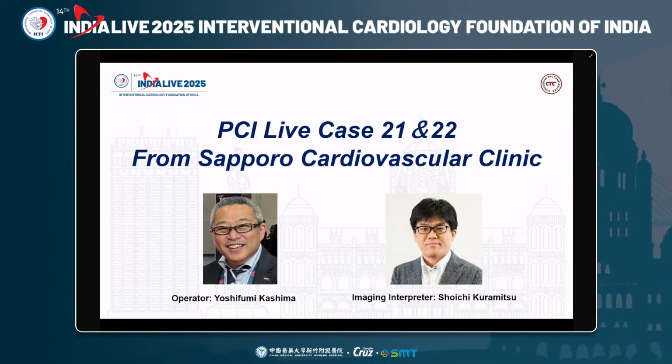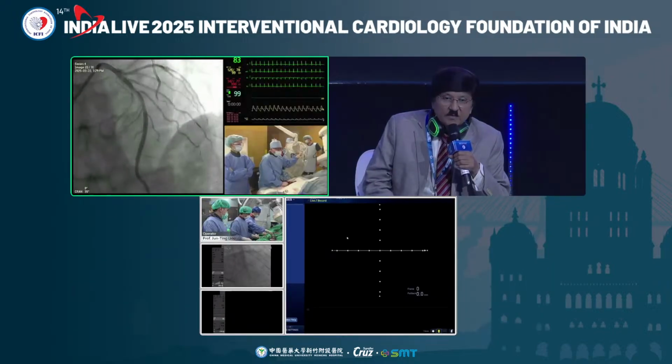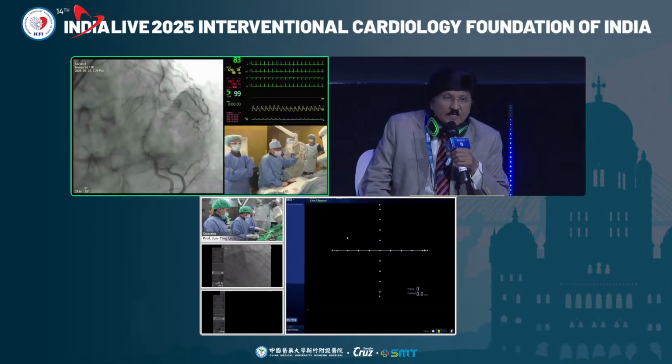My procedure time is less than 30 minutes, so we have to prepare. A simple case, but of course, hard calcification. You can see today's angiogram. The angio picture is too small. Can you shift it to the main large screen? Now it's okay, very good.